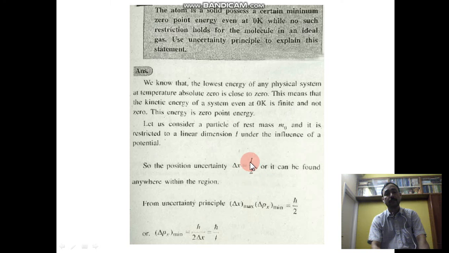From the uncertainty principle, delta x max delta px minimum is equal to h cut by 2. So delta px minimum is h cut by 2 delta x, and with delta x equal to L by 2, this becomes h cut by L. So delta px minimum is equal to h cut by L.